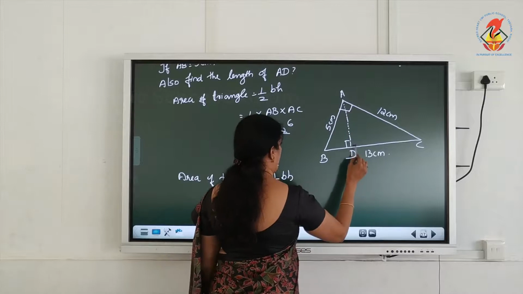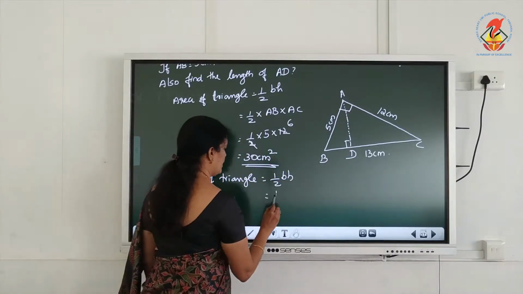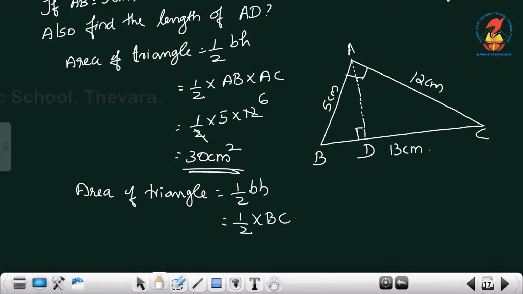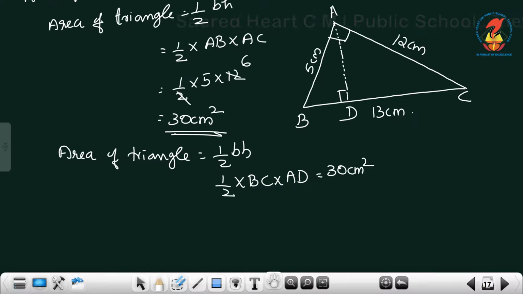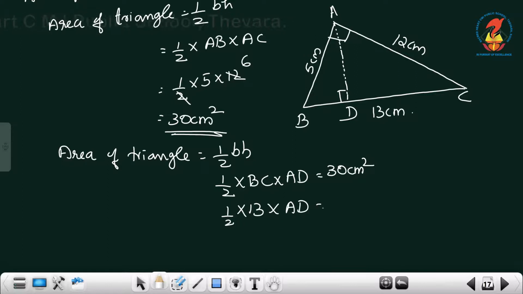Half into BC into AD equal to the area, 30 centimeter square, which we already calculated. What is BC? BC is already given, 13 centimeter, into AD equal to 30.